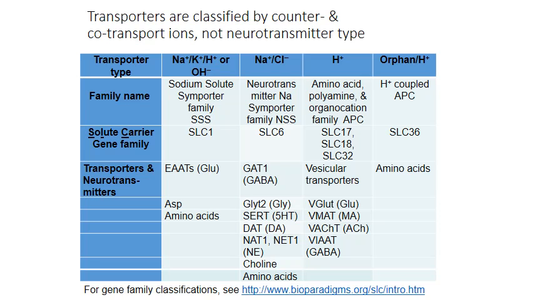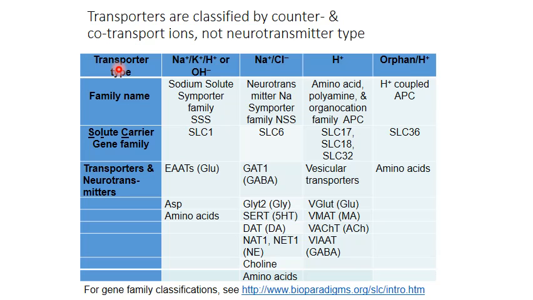All right. Unfortunately, neurotransmitter transporters are classified not by the type or chemistry of the transmitter, but rather by the counter ion and co-transport ions that are part of its getting across the gradient.